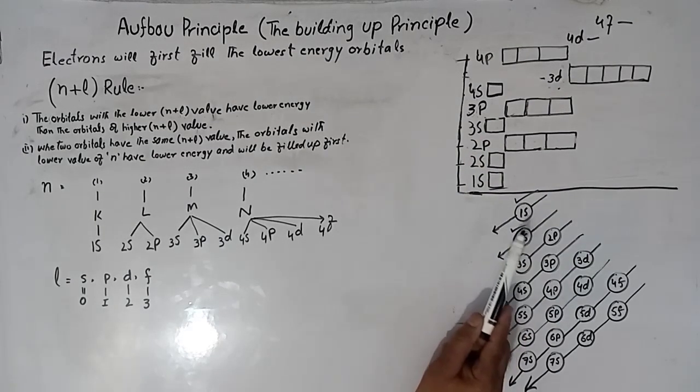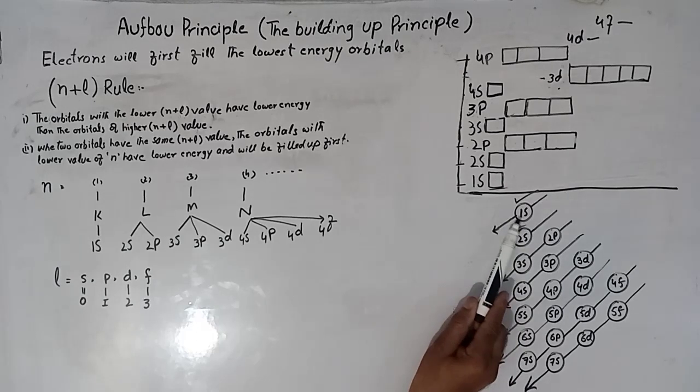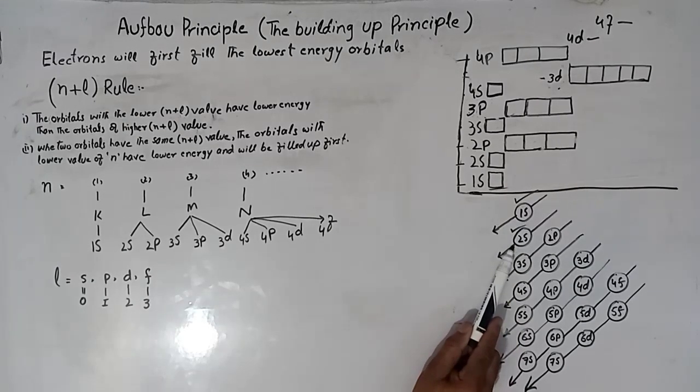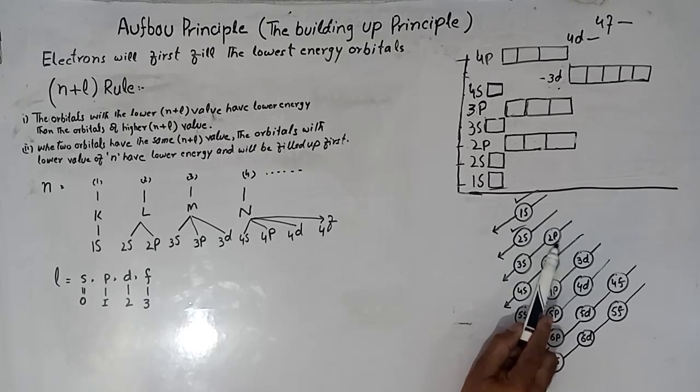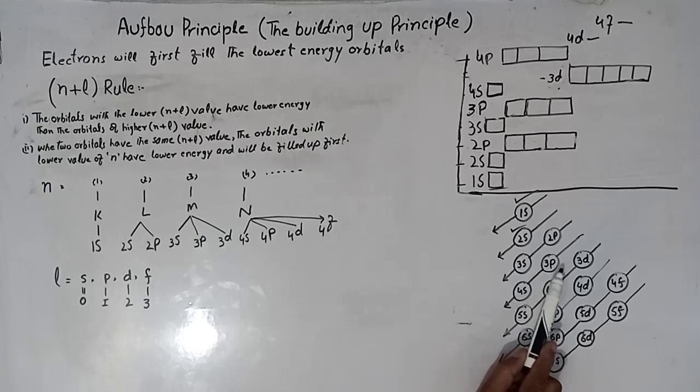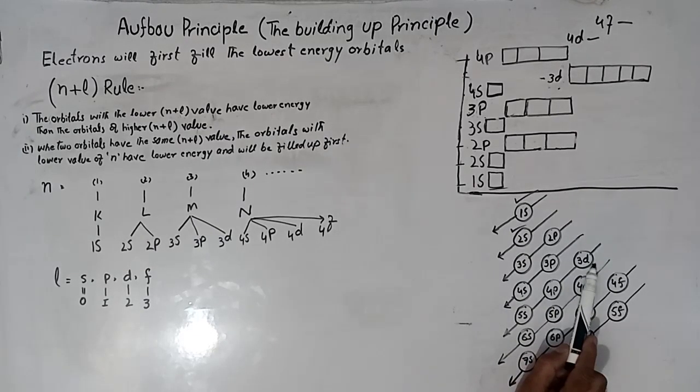Here you can also see 1s2, 2s2, 2p6, 3s2, 3p6, 4s2 and then 3d. So 4s will be filled first before 3d.